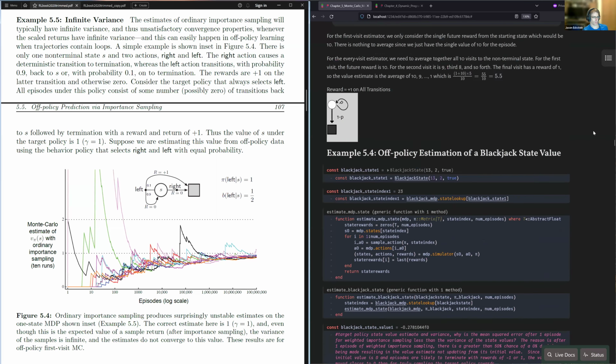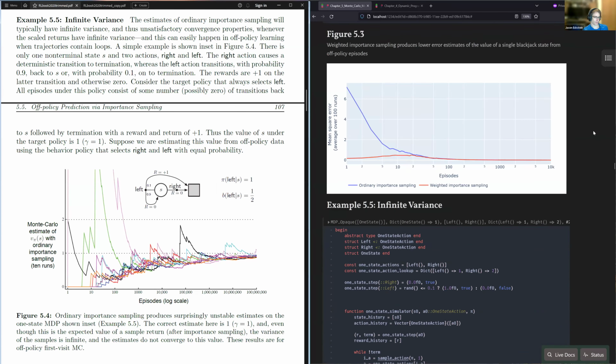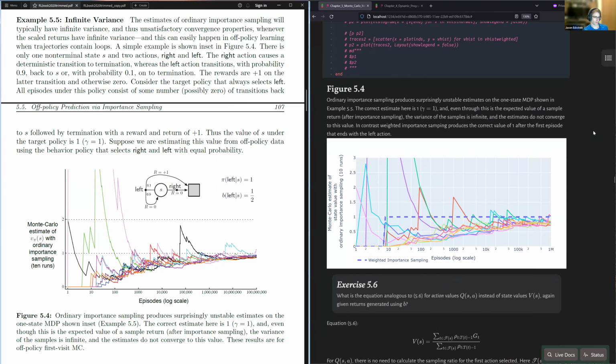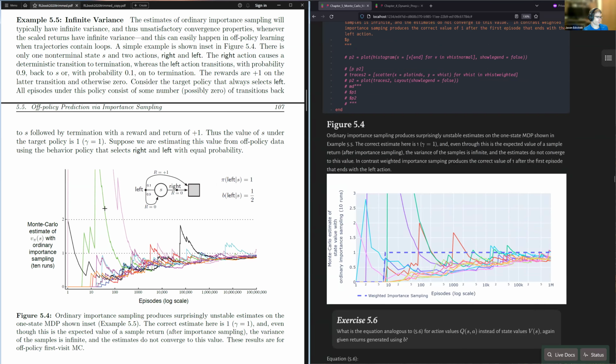And the impact of that is that when we calculate, so these are showing calculations of the value with ordinary importance sampling. And although they do converge to a value of 1, there are these spikes that occur.